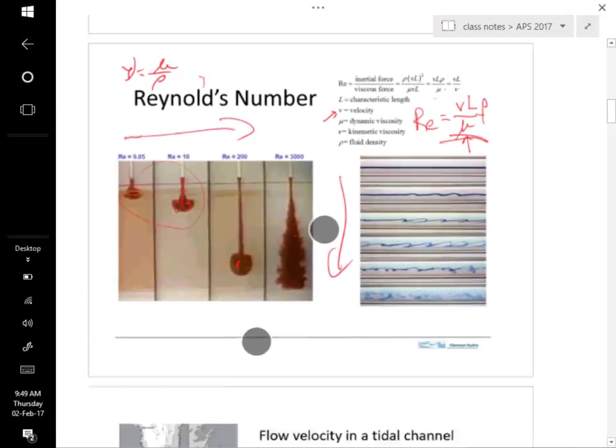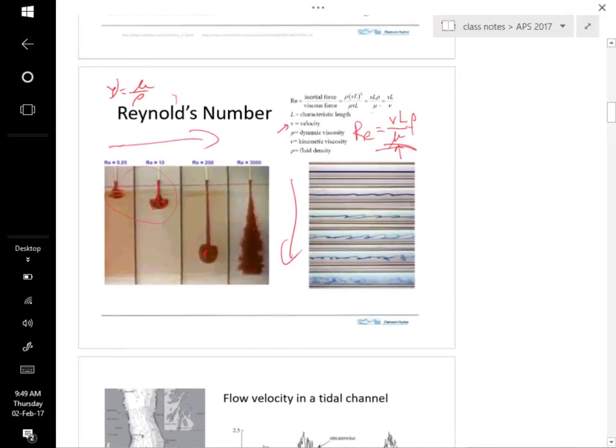Okay, so Reynolds number gives us a way to characterize the flow, and what we're expecting then is to have a low Reynolds number down here, a Reynolds number of 10, laminar conditions, and a high Reynolds number, this is 3,000.